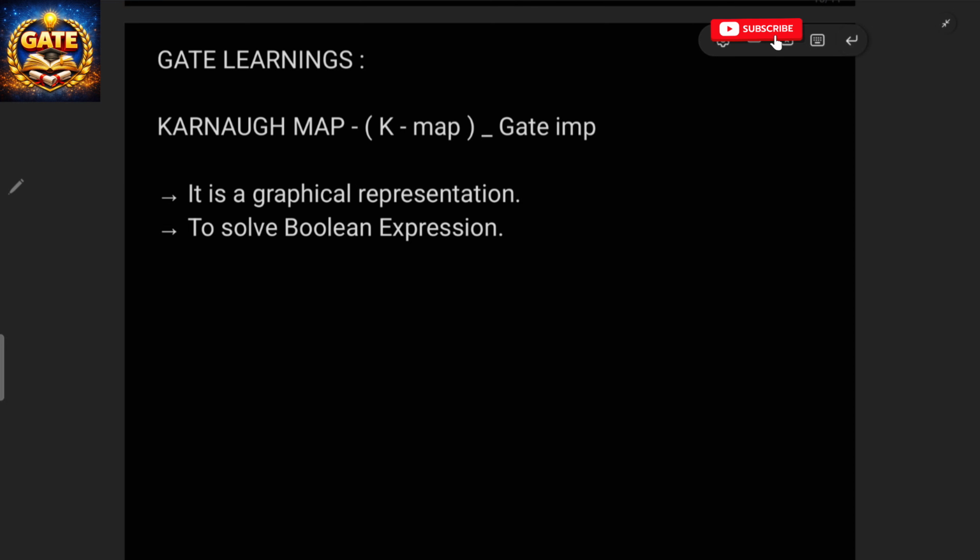If the Boolean expression has n variables, then to represent it graphically we use cells. For 2 power n variables, we need to have 2 power n cells.